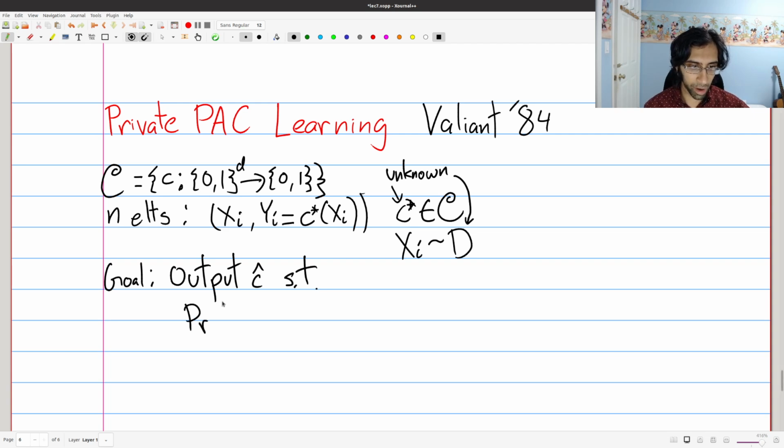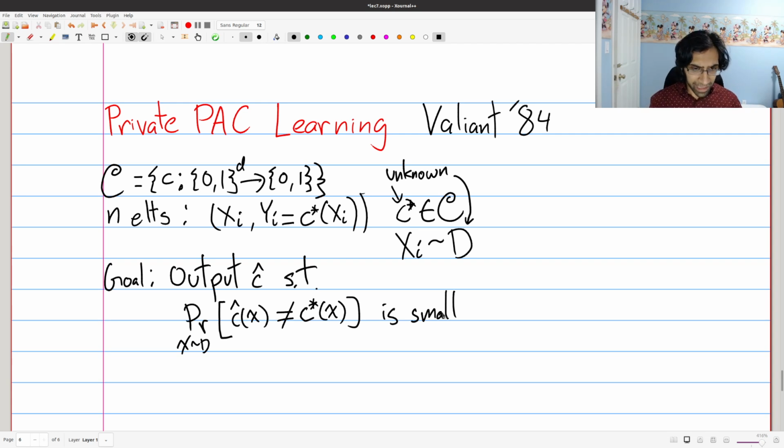The probability that this function c hat, when applied to a new sample drawn from the distribution, disagrees with the true function is unlikely. We want this to be small, and we'll quantify precisely how small. So, okay, that's the PAC learning setup.